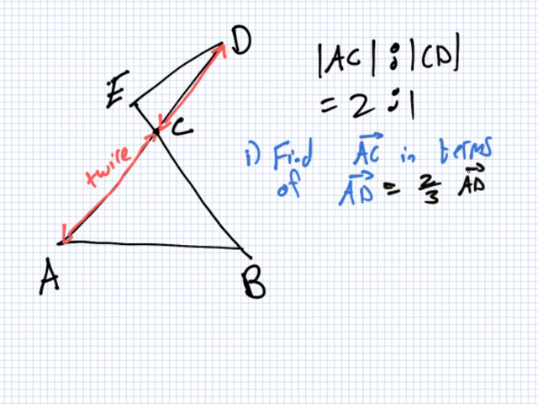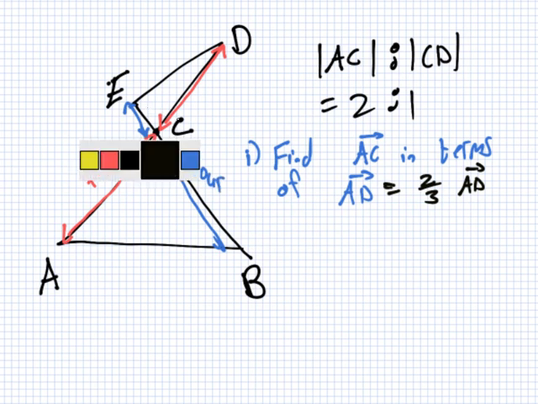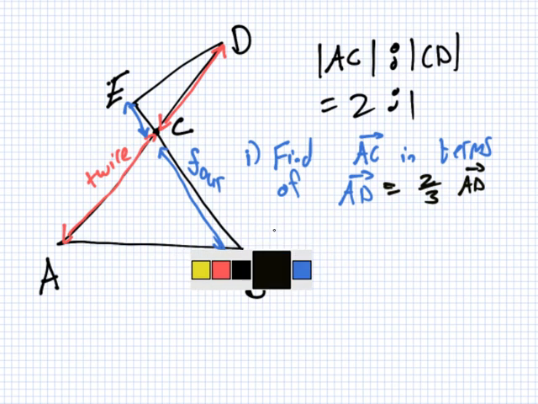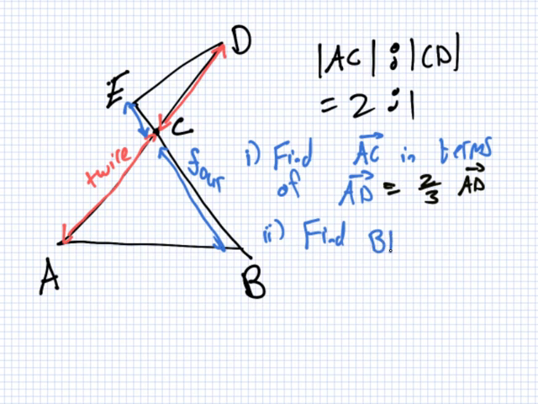Okay. Now, the next one, let me just tell you, this piece here will be 4 times bigger compared to that. Four times bigger. So now my next question is going to be pretty similar. Find BC in terms of BE.